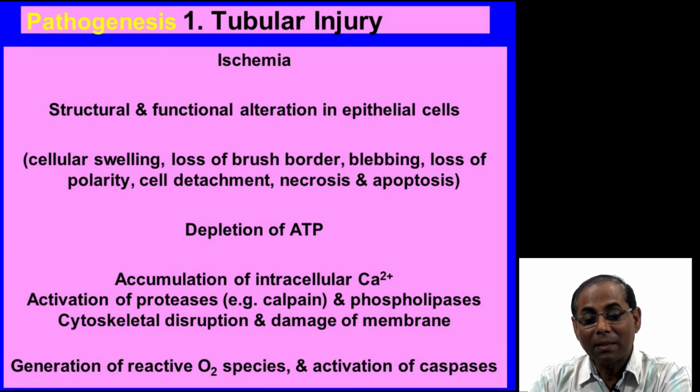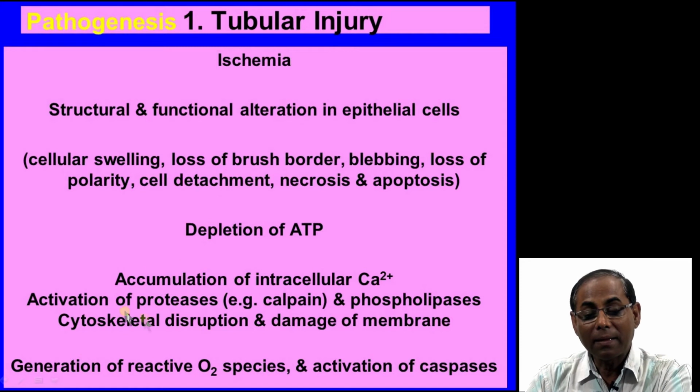But if you see the injury, different grades of injury can cause reversibility and irreversibility of the cell damage. In ischemia, there is also depletion of ATP, and depletion of ATP causes accumulation of intracellular calcium, then activation of proteases, particularly calpain, and phospholipases, which cause cytoskeletal disruption and damage to the membrane.